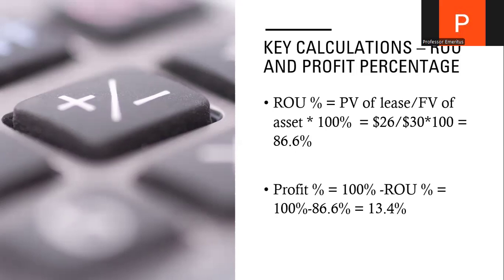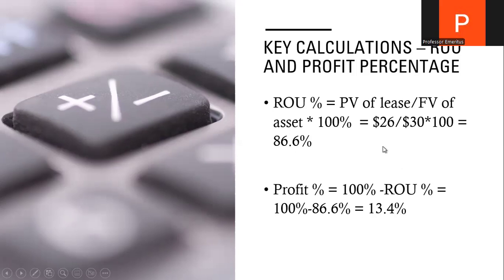That becomes the right of use retained by the seller lessee, and 13.4%, which balances this up to make it 100%, will be the proportion of the rights transferred, and that is the proportion of the profit you recognize. So if this was 70, this will be 30. If this was 60, this will be 40.